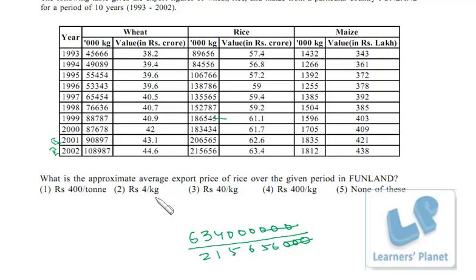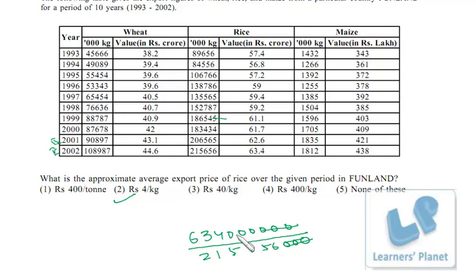So among the options, the average should be around this only, right? Because the other options, 40 paisa, would be absurd. If it is 3, the other must be moving around this only. So the closest option is 4 rupees per kilogram. Otherwise, if you make the actual calculation, you will be wasting too much time, so it's not worth it. So 4 rupees per kilogram will be the right answer.